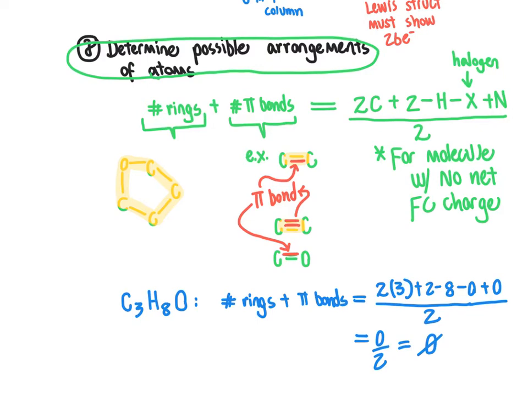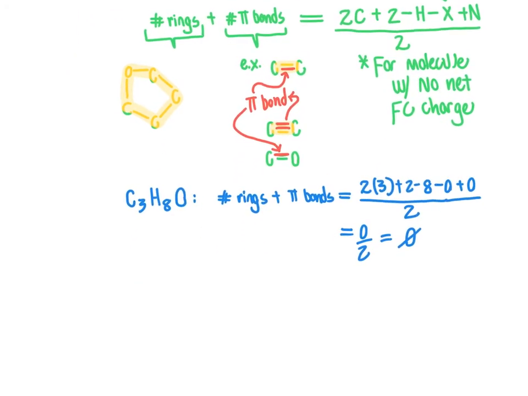When we go onward from there, determining the possible arrangements of atoms that we can draw, what we want to think about are the different possible so-called constitutional isomers, the different ways that we can arrange atoms to make different structures where there are different atoms connected together.